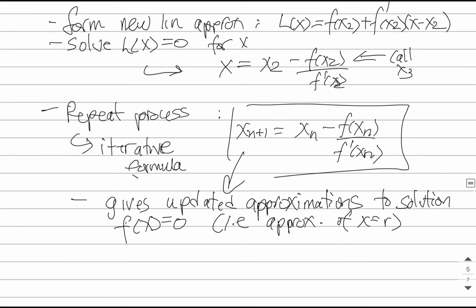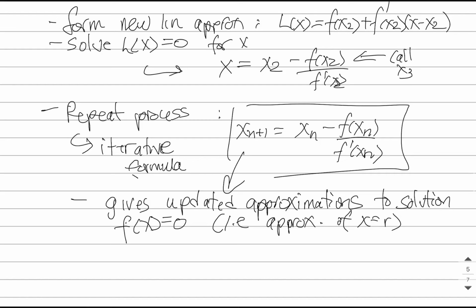So I pick a starting guess, I form a linear approximation, I see where the approximation crosses the x-axis, and then I use that point as a new starting value, a new center, and then I repeat. Build an approximation, see where the new one crosses the axis, take that value as an approximation and go from there.